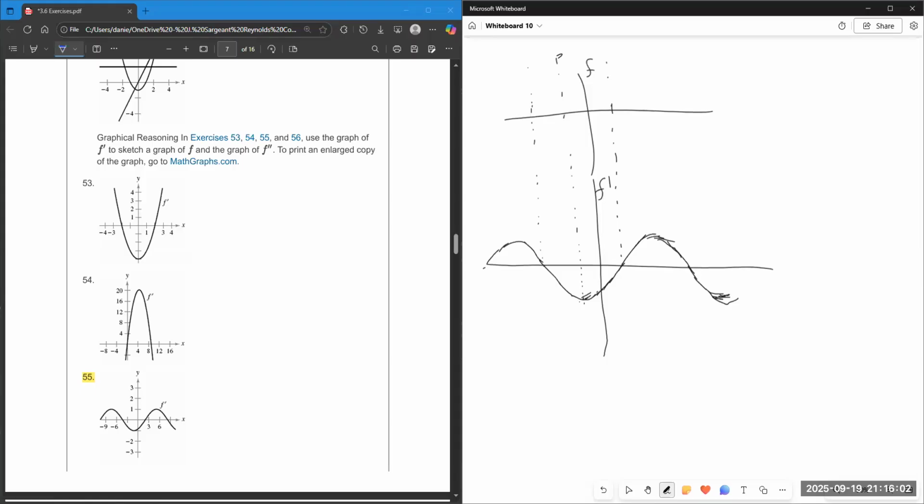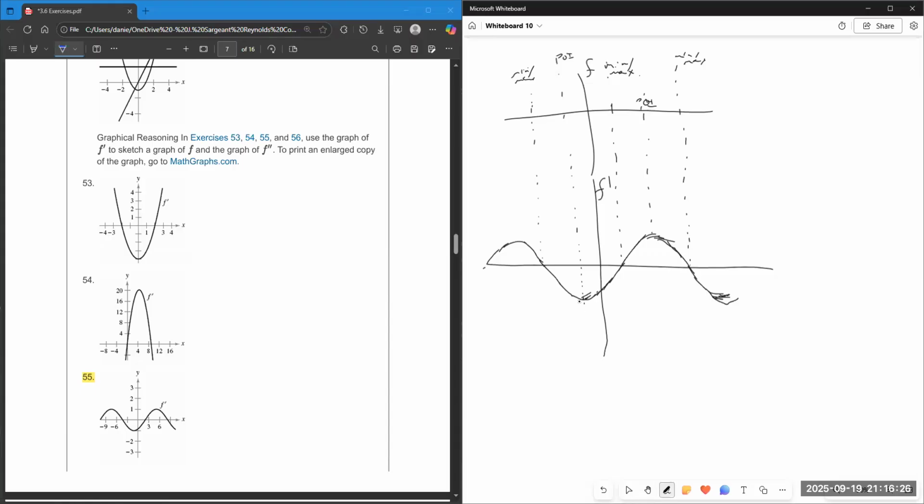So point of inflection, min max, min max, and 0 of this is another min max, and another point of inflection right here.